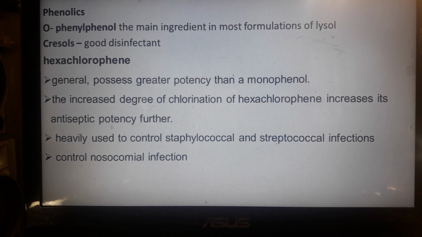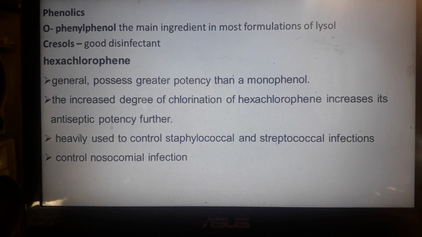It is heavily used to control staphylococcal and streptococcal infections and to control nosocomial infections, usually hospital acquired infections. So hexachlorophene is used as disinfectant mostly in hospitals.